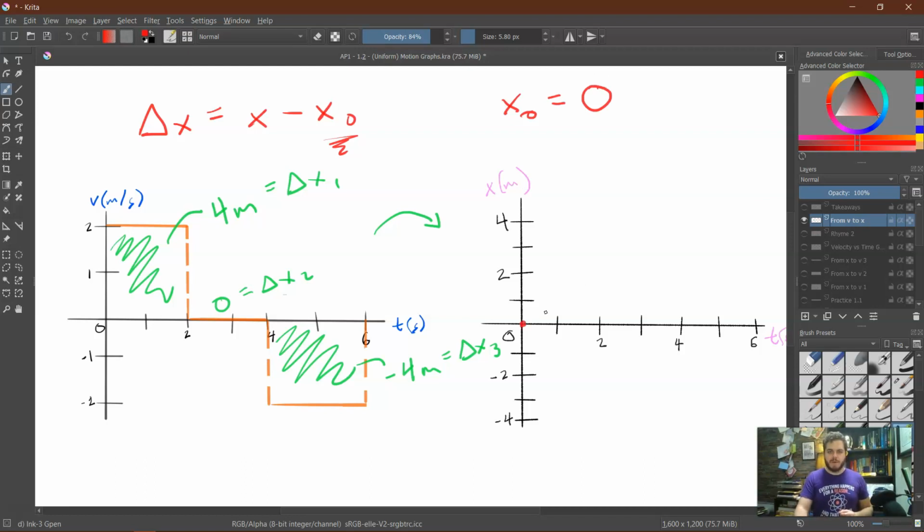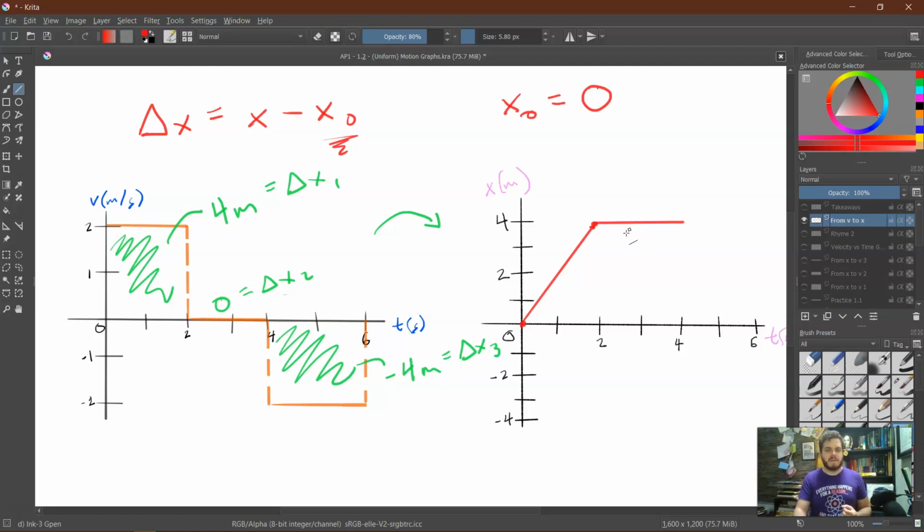So I'm going to start at 0. For the first 2 seconds, I have a delta x of 4 meters. So 1, 2, up to 4. So instead, it should be looking something like that. From 2 to 4 seconds, my delta x is 0. So there is no change in position.